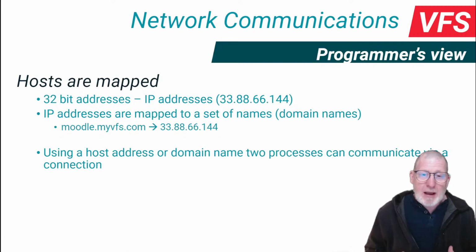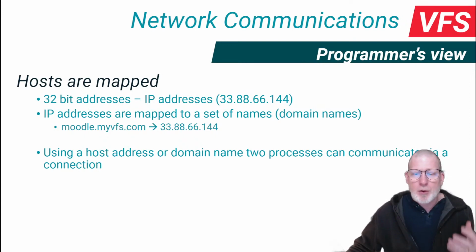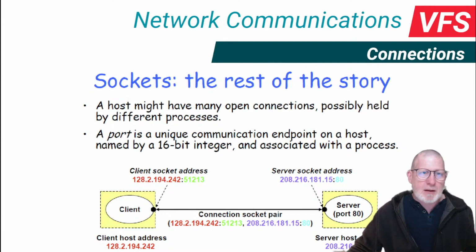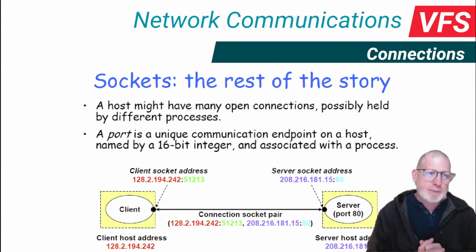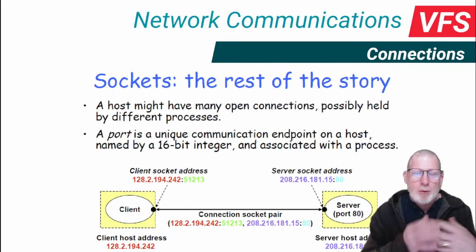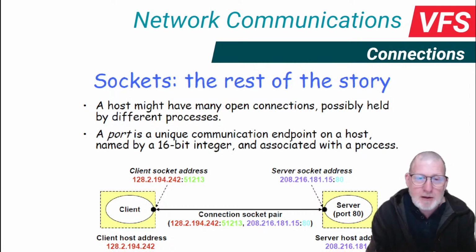So we've got an IP address that identifies the machine. We've got a port number that identifies what program is going to get connected. The rest of the story is told through the way we connect things. And the way we connect things is through what we call a socket. Now, if we were looking earlier at the file system that the operating system was taking care of, we allowed ourselves to have a file system that could create, edit, read, write, and destroy files.